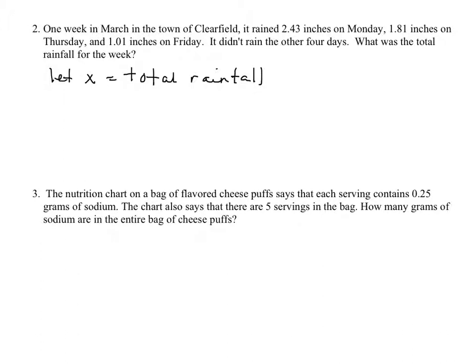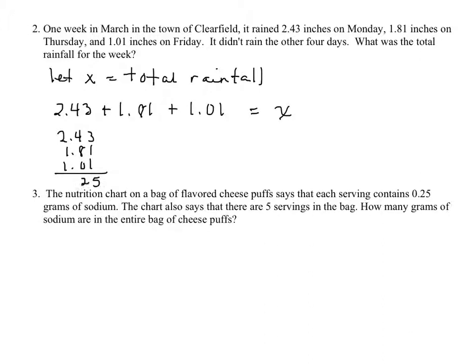So you're like, I just have to add these. Yes, that is correct. So I'm going to say 2.43 plus 1.81 plus 1.01 is equal to the total rainfall. Now when you're adding decimals, you're going to line them up. So I'm going to get 5.25.